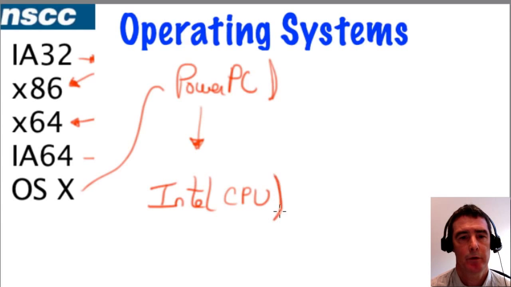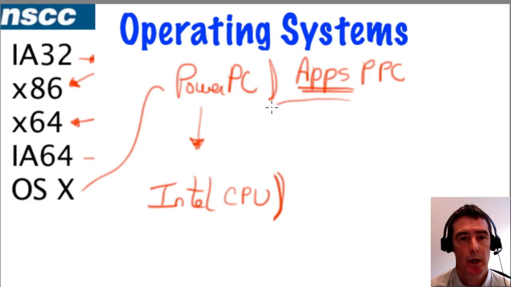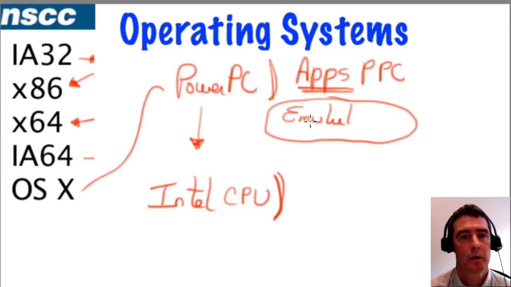So their original operating system ran on PowerPC. Their new operating systems run on Intel, and part of the problem was that apps had to be written for one or the other CPU. So if you had a PowerPC application, initially you had to run it through an emulator if you were running on an Intel processor.